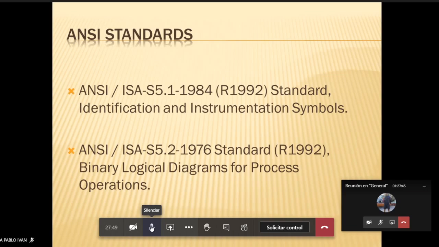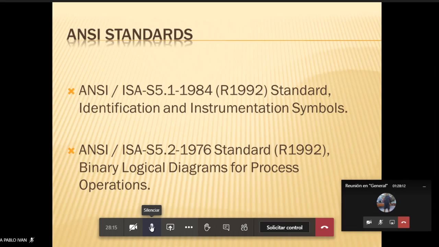ISO is international, so if ANSI wants to transport a device or something, they need to know the rules or the standardization of ISO to do that.